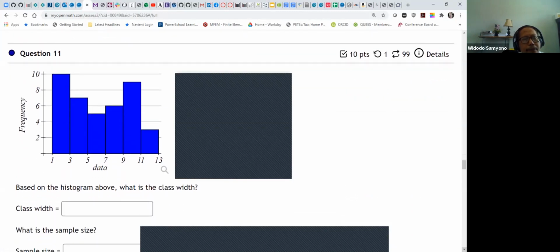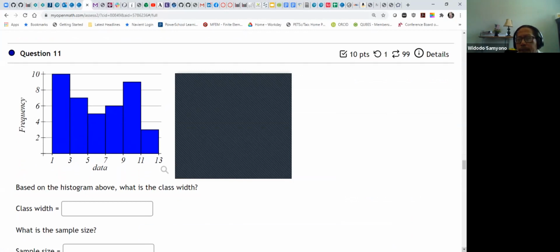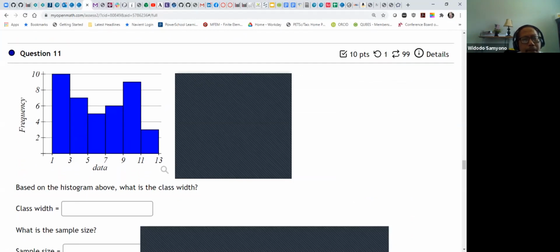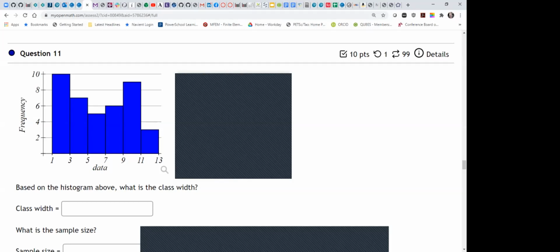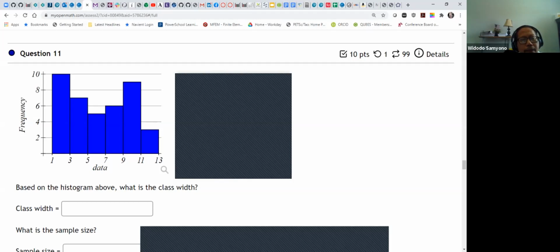Okay. So this question number. Remember what the class width is? Because this one represents the lower class limit, right? The one down here is the lower class limit. And now the problem is looking for the class width.